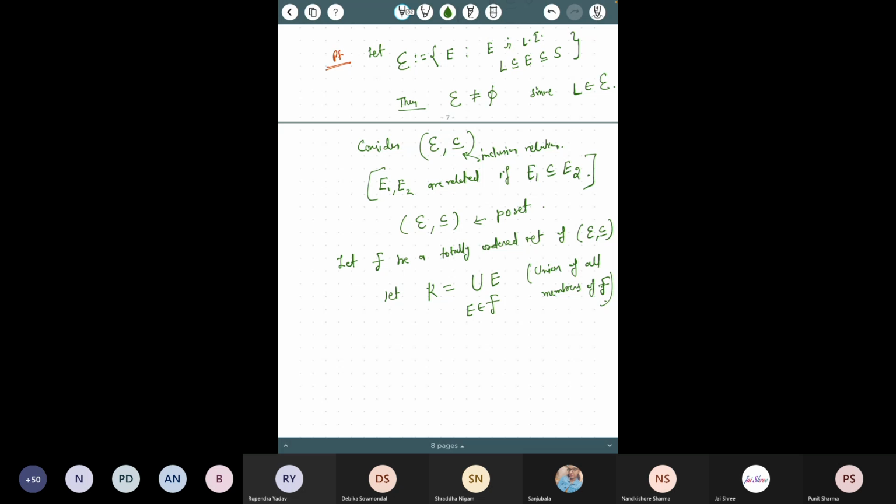Now I will show that this K is an upper bound for F. If I want to show that K is an upper bound for F, I have to show that K belongs to this script E. If I want to show that K belongs to E, I have to check two things: that L is a subset of K and K is a subset of S, and the second thing, that K is linearly independent. I have to check these two things, right?